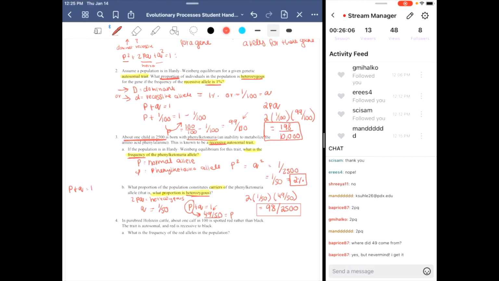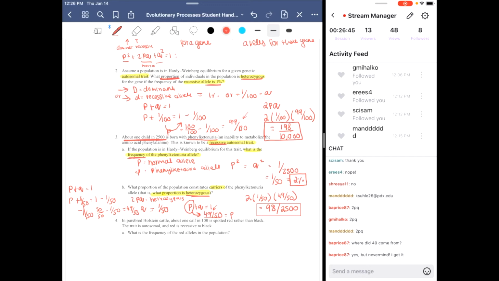And from the previous problem, part A, we got that q was 1 over 50. So that's p plus 1/50 equals 1. And if we manipulate the equation, we get 50 over 50 minus 1 over 50. And that gives us 49 over 50. Just in case anyone else was confused by that 49. But good clarifying question there.